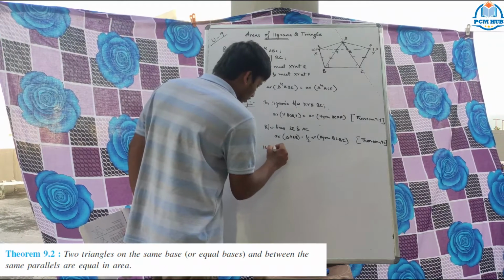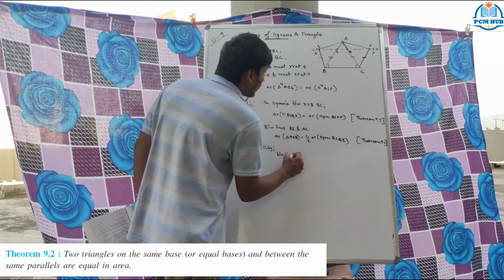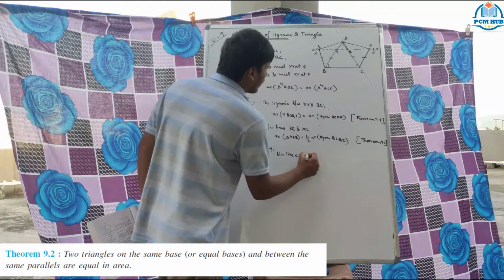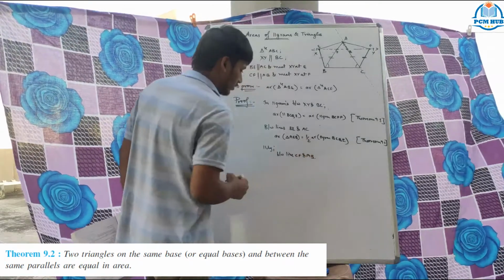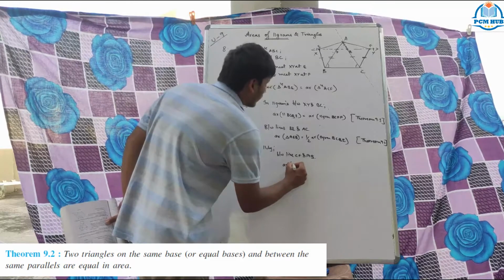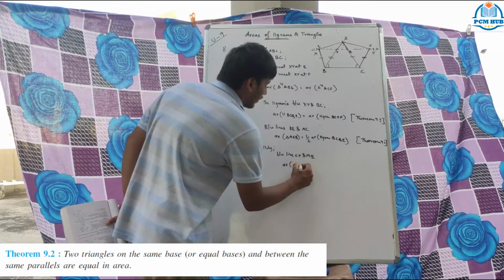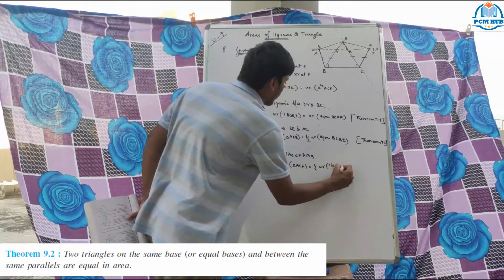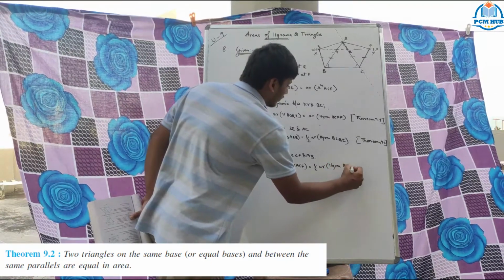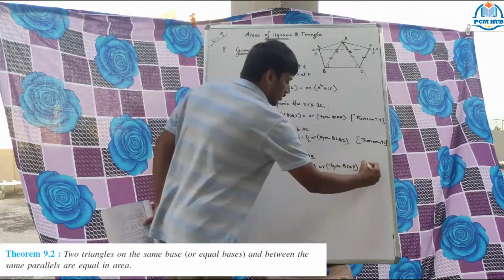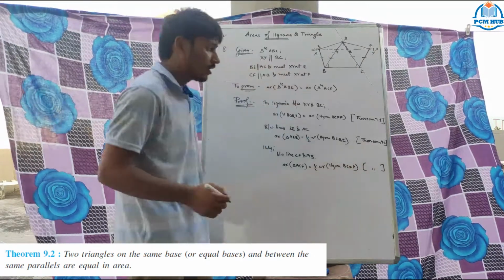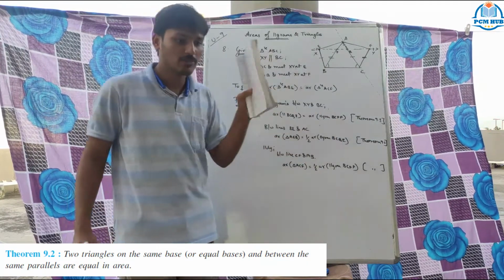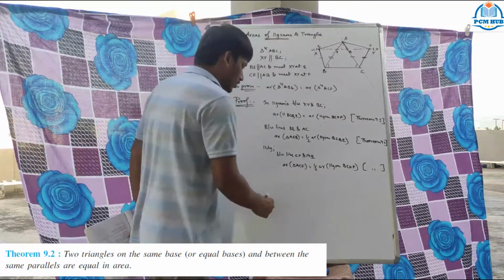Similarly, between lines CF and AB, area of triangle ACF equal to half area of parallelogram BCFP. Same theorem. And in your notebook, you will be writing the whole theorem. For the shortcut, I have written here, but you have to write the whole theorem in the notebook.